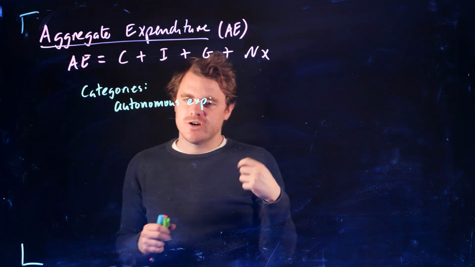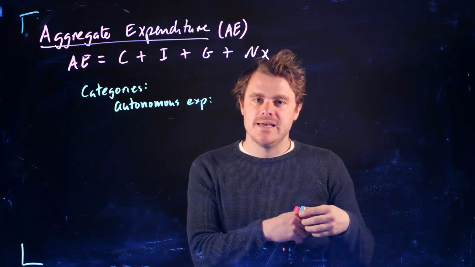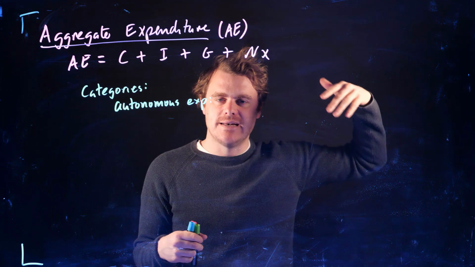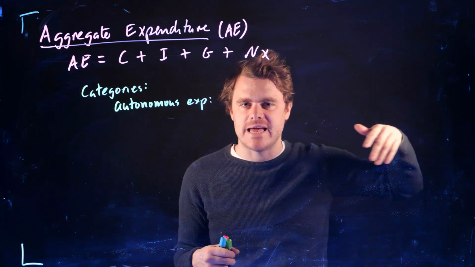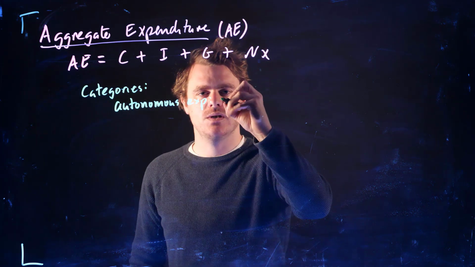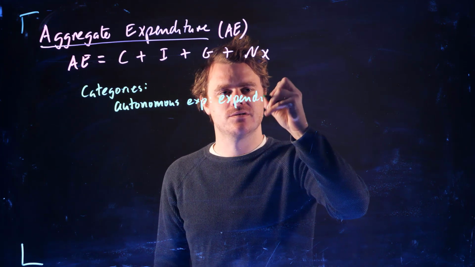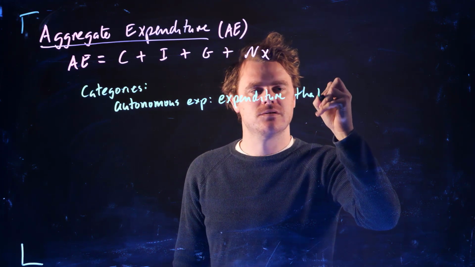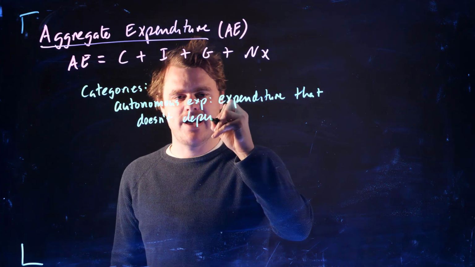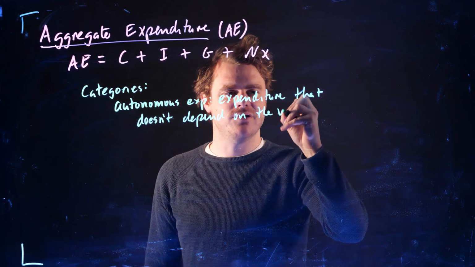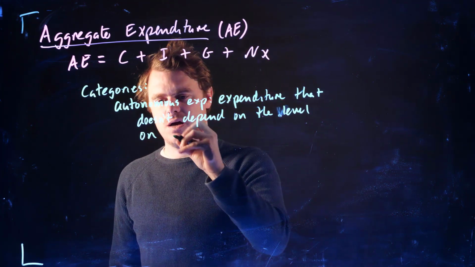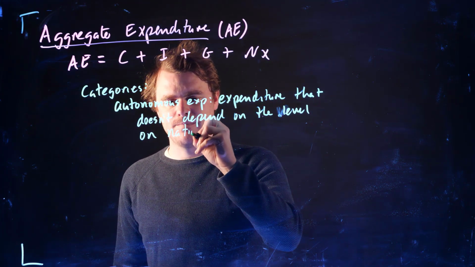Autonomous expenditure is expenditure that is not affected by the size of national income. It doesn't depend on Y. It's expenditure that doesn't depend on the level of national income.